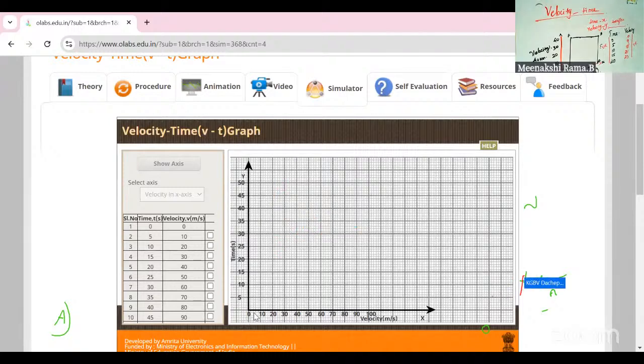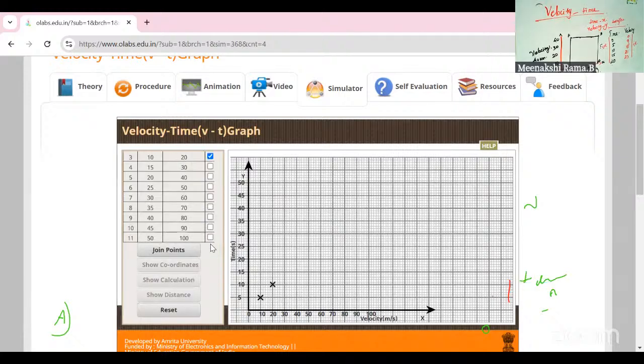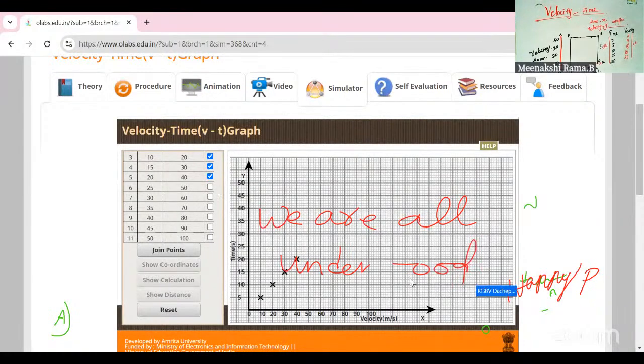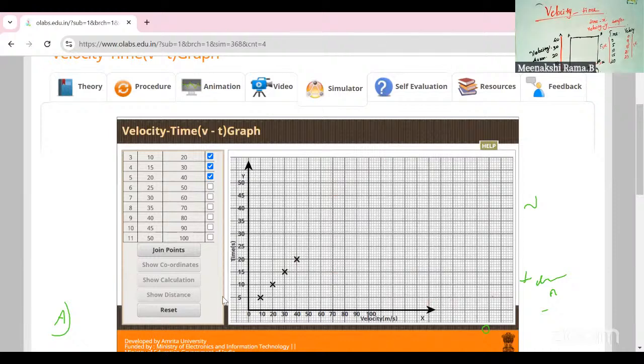Yes, what does uniform motion mean? At the 5th second he crossed 10 meters. At the 10th second, 20 meters. At the 15th second, 30 meters. At the 20th second, 40 meters.